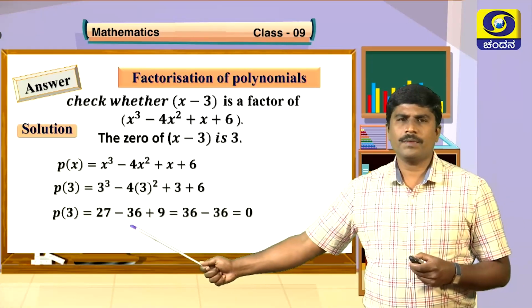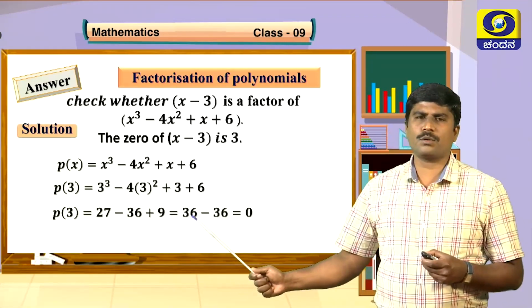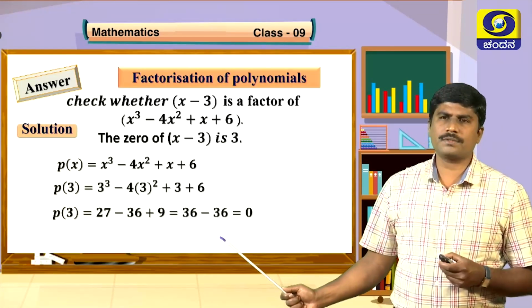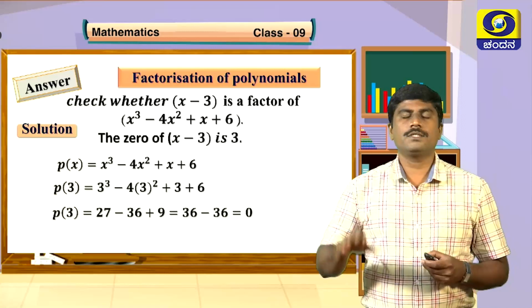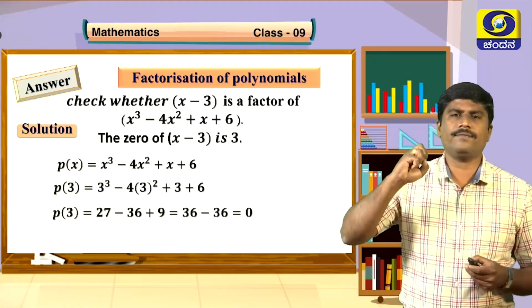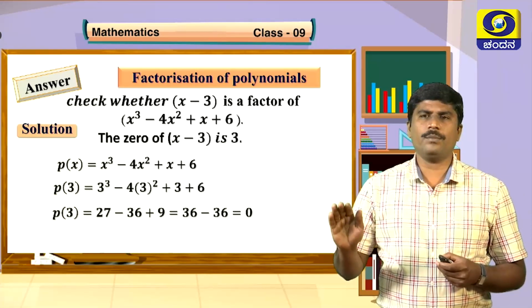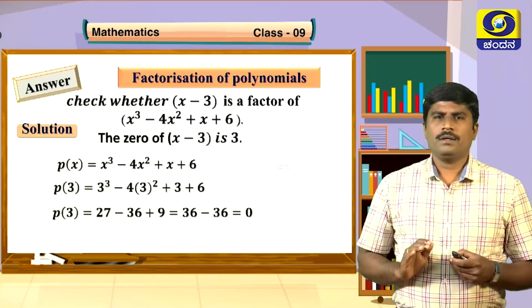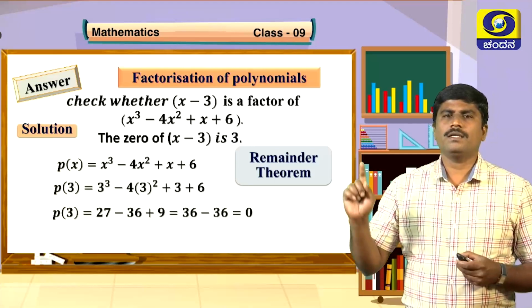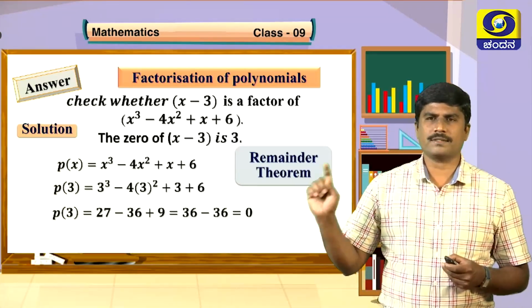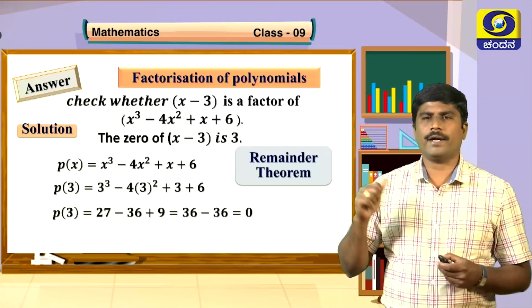So 27 plus 9 is equal to 36, minus 36, which is equal to 0. Children, now you are able to identify: you got the value 0 by putting x is equal to 3. So x minus 3 is a factor of x cube minus 4x square plus x plus 6. We call this the remainder theorem.